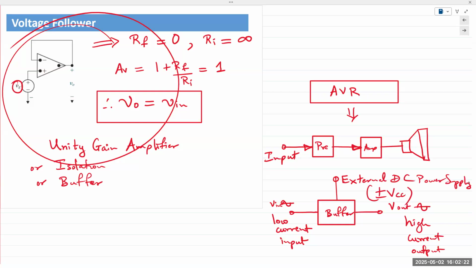So the op amp has a plus minus VCC external power supply. It takes the very small weak input signal and sends the voltage shape as it is to the output. So it's unity gain, there is no gain to the voltage, but the current is amplified. And the energy to amplify that current comes from the externally supplied DC voltages. And that's the purpose of the voltage follower.